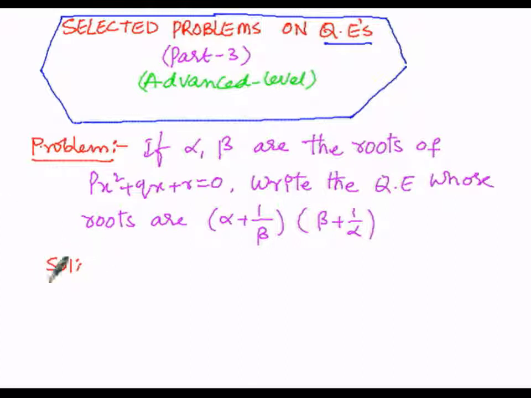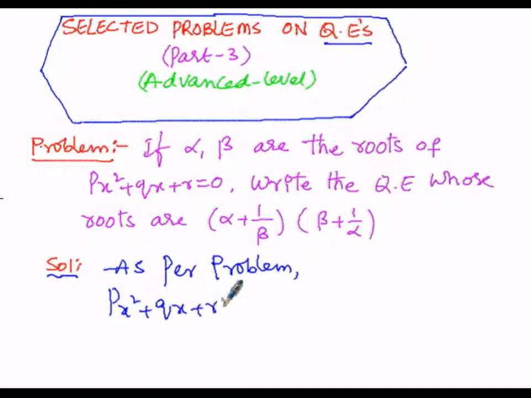Under this solution, as per the problem, the given quadratic equation is px square plus qx plus r equals to 0.